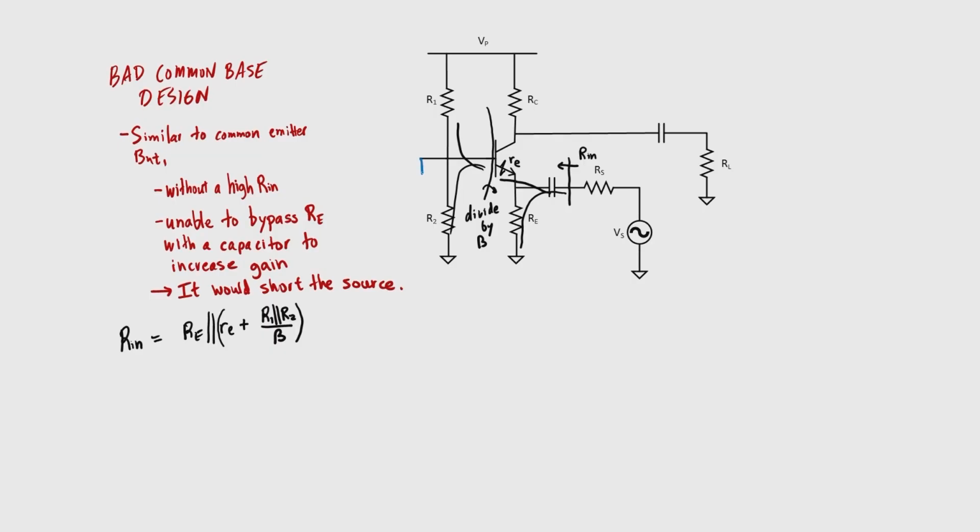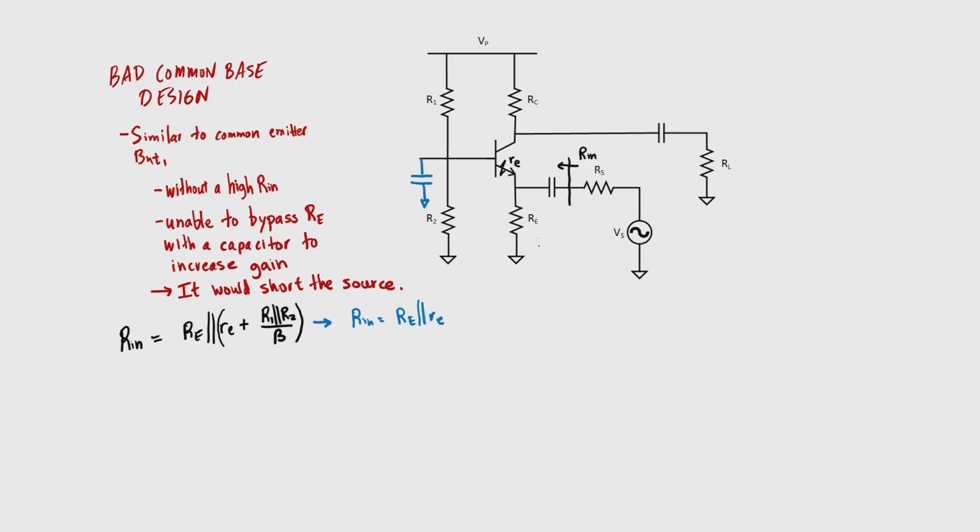Before continuing, though, I'm going to show you how we can convert this bad common base design into a standard common base design, which for a lot of applications is still bad, but it is useful for certain things. Here's what we typically do. We add a capacitor here, and it's a large capacitor that effectively grounds the base for AC signals. When we ground the base like that for AC signals, we wind up with a new input impedance that's just R sub E in parallel with little r sub e.